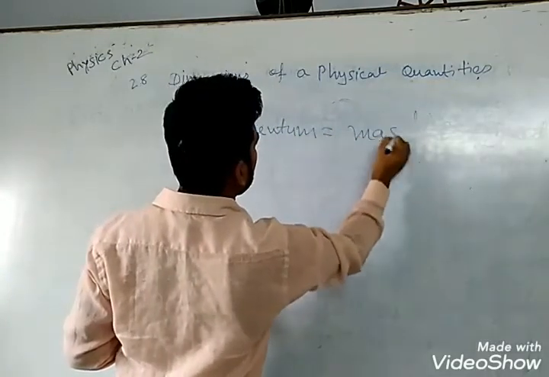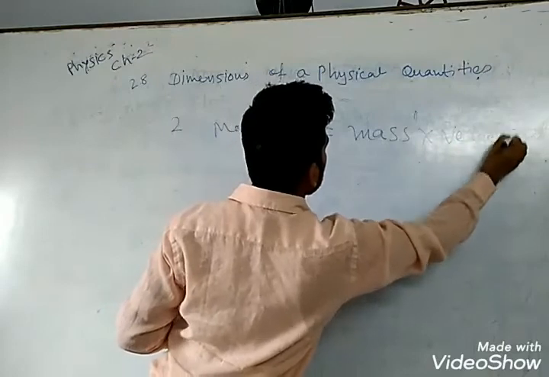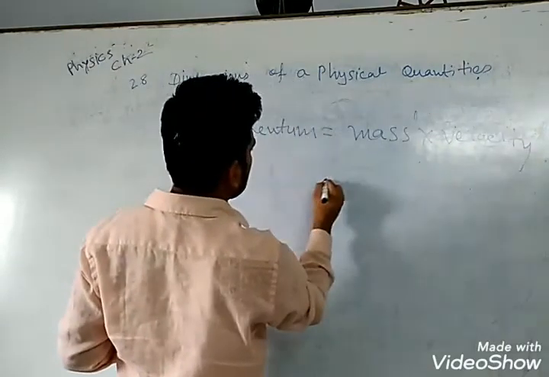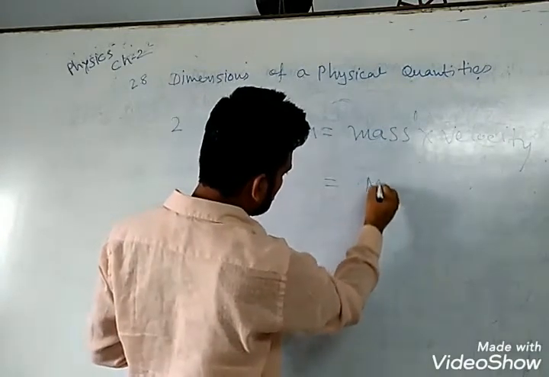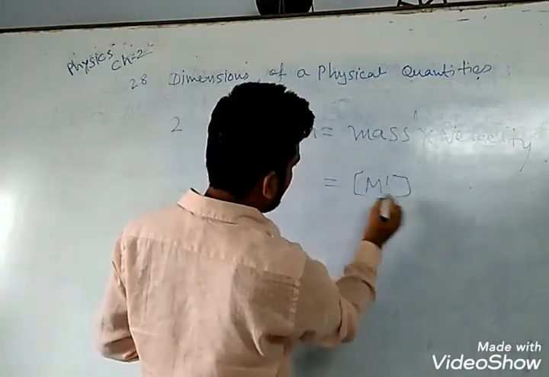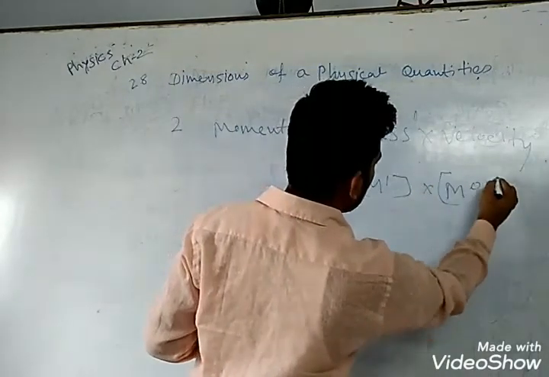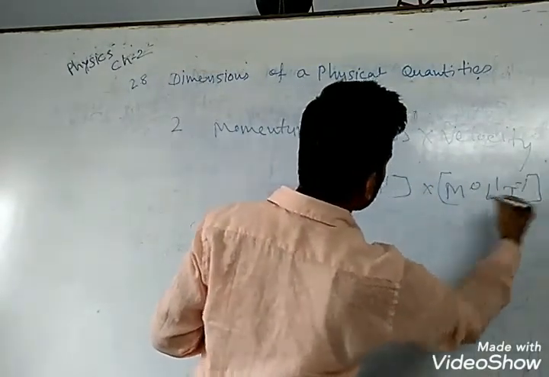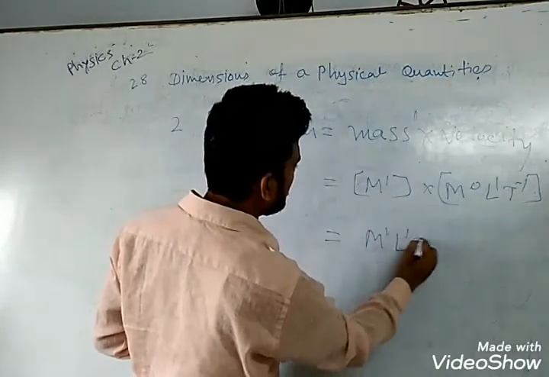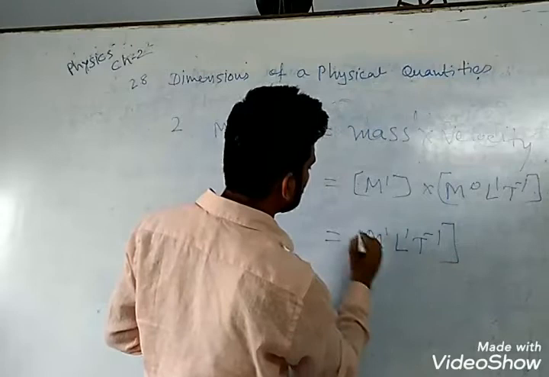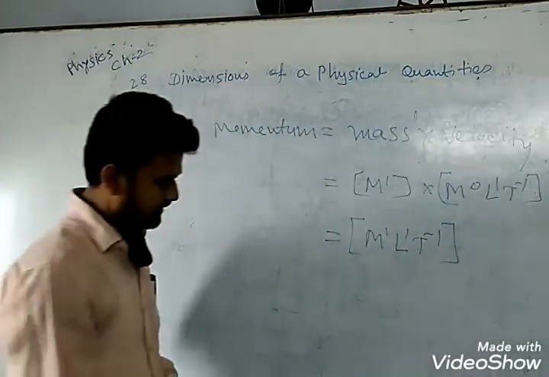Mass means m1 and velocity m0 L1 T minus 1. So here m1 L1 T minus 1 is the dimensional formula for momentum.